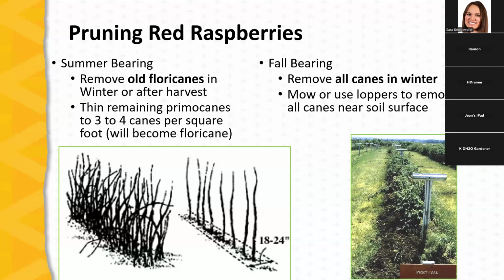They produce some in the fall and some in the spring, but the total yield is much less than those that wait for the floricane for the second year. But if it's in a garden and you want to have some fruit in the fall, you might want to select those. And if you leave it over the winter, you might get fruit in the spring again. Or you keep the floricanes for the spring from other varieties.